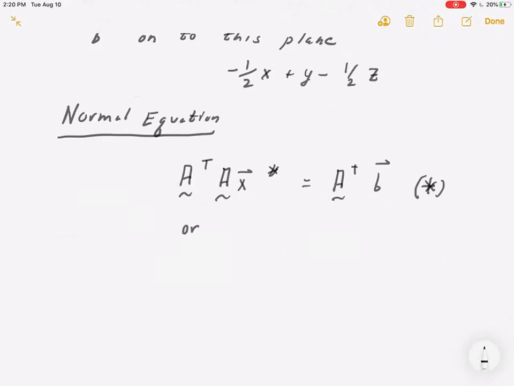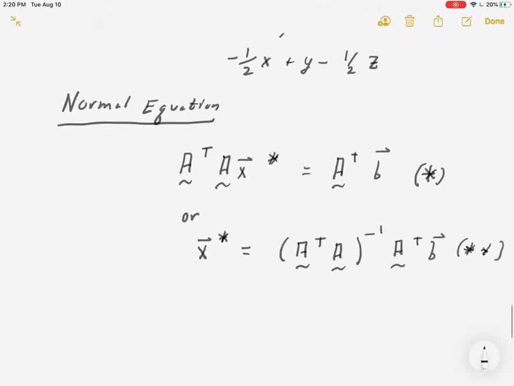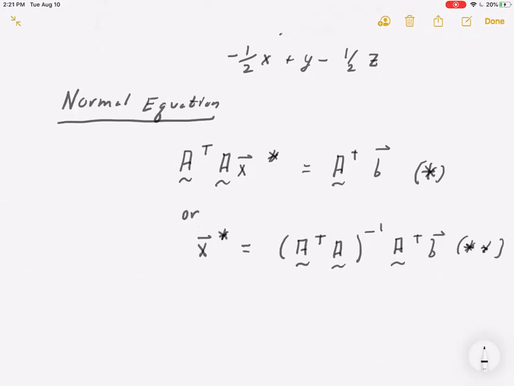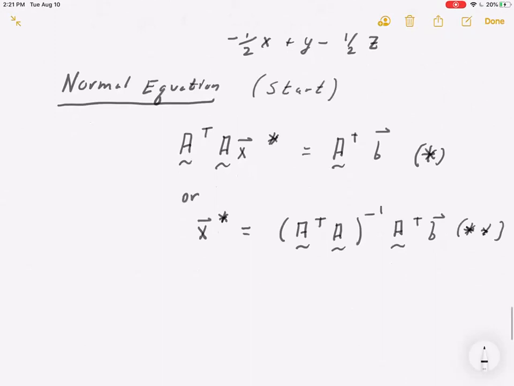And we have shown that you could also write the normal equation in this form. And let's call that a double star. So this is where we're going to start our solution at.